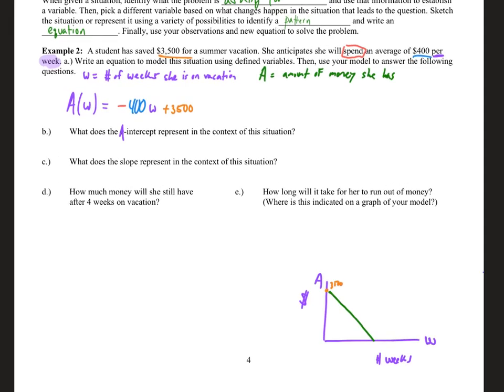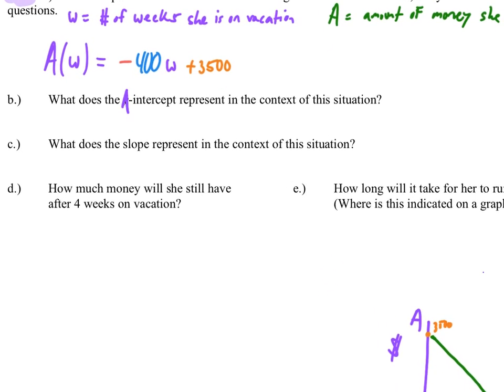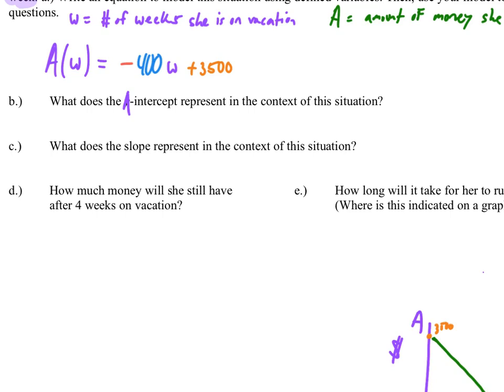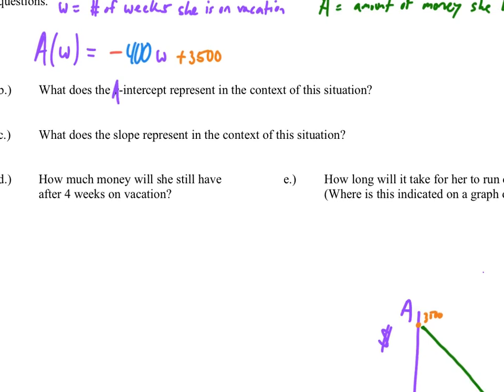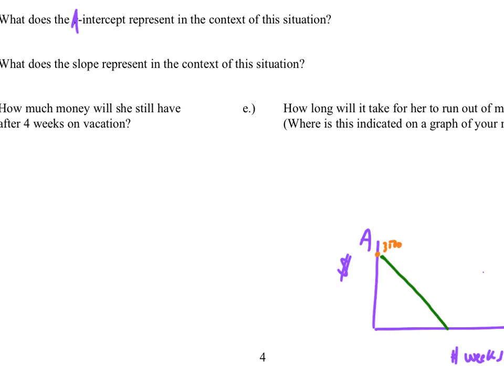So what does the A-intercept represent in this situation? So we see that here on the graph. If you didn't have a graph already, how do you know what the A-intercept is? What we know about A-intercepts or y-intercepts, sorry, is that their x value is 0. Right? It's a really important detail about those points. If I had to write out the coordinates of it, that'd be (0, 3500).